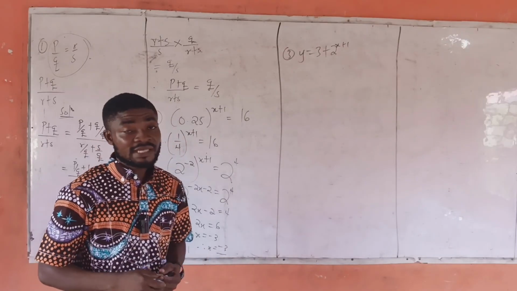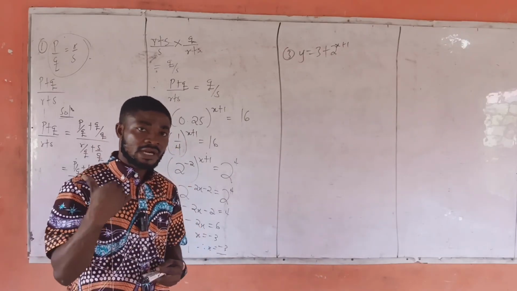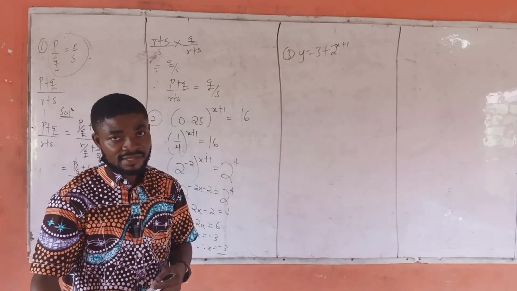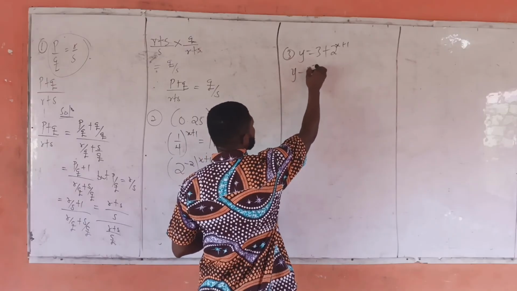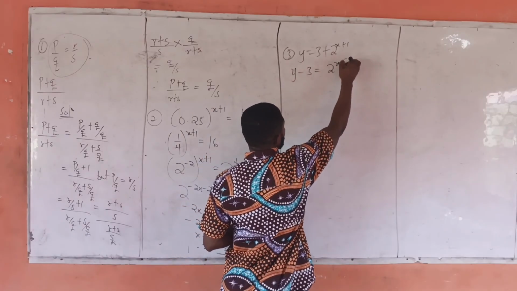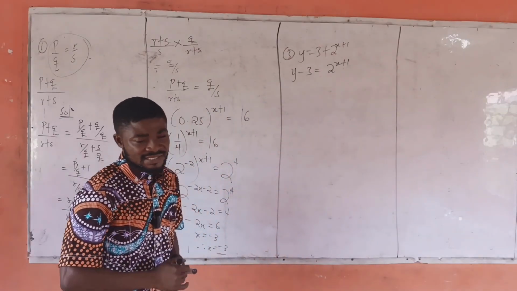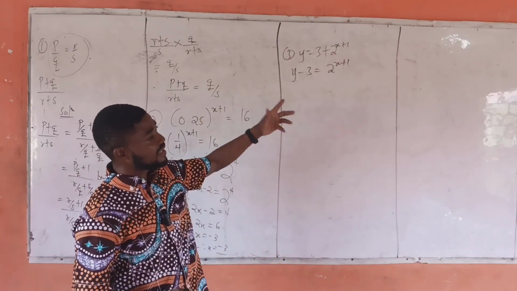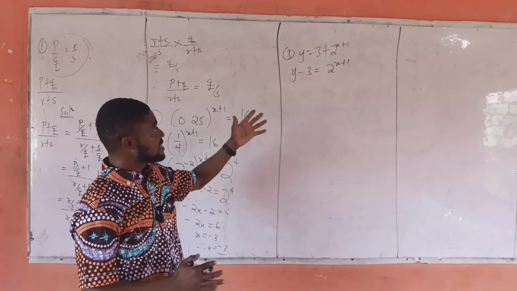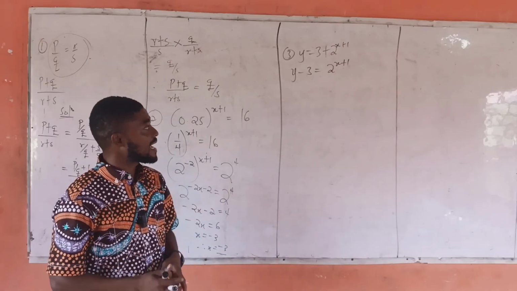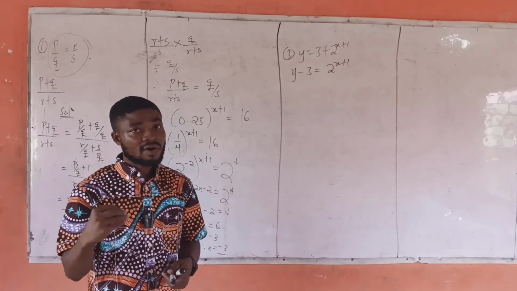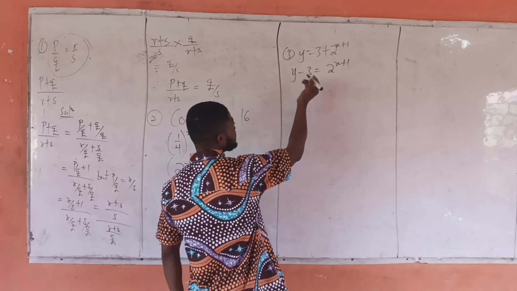This will lead us to some sort of logarithm. So indices leads to logarithm, and vice versa. Because I want to make x the subject, I move anything without x to the other side. This gives me y minus 3 is equal to 2 to the power x plus 1. From here, I can now take logarithm of both sides. Introduce the log.